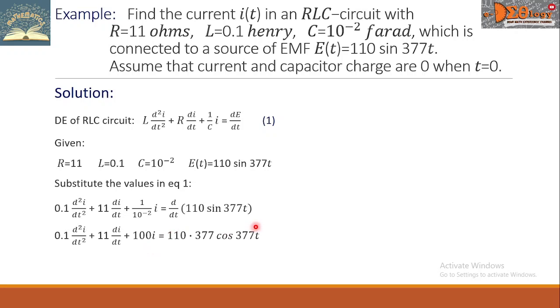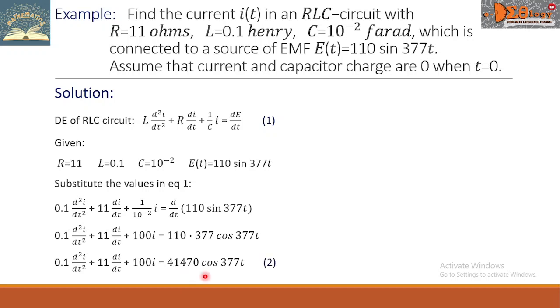On the right side, we will take the derivative of this 110 sine 377t, and it becomes 110, the constant, times the 377 times the cosine of 377t. Then we simplify the product, 110 by 377, it will be 41,470.